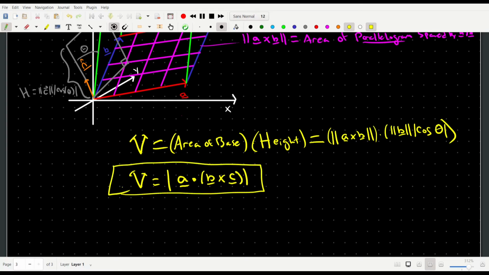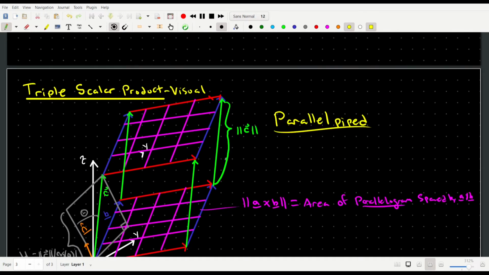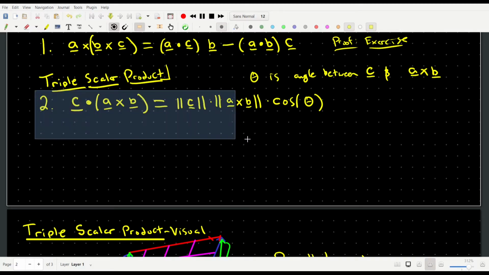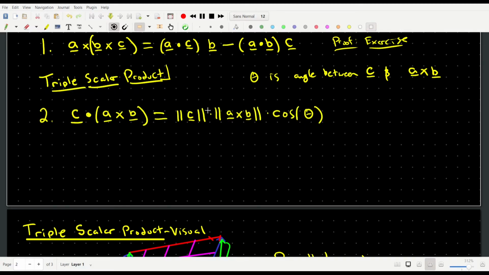It's a huge idea, a very important formula, and we can see it directly from just applying the algebraic or the geometric form of the dot product. This is all we've done right here to get this relationship.